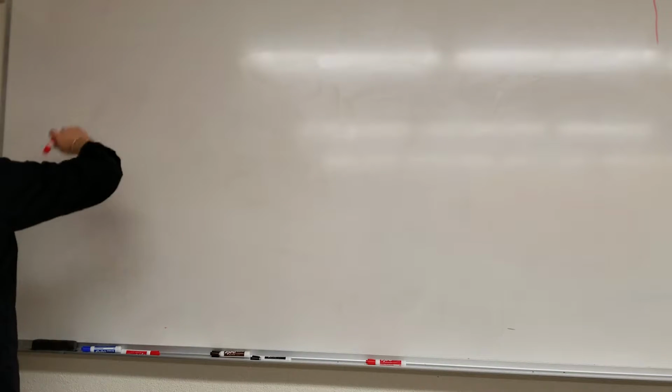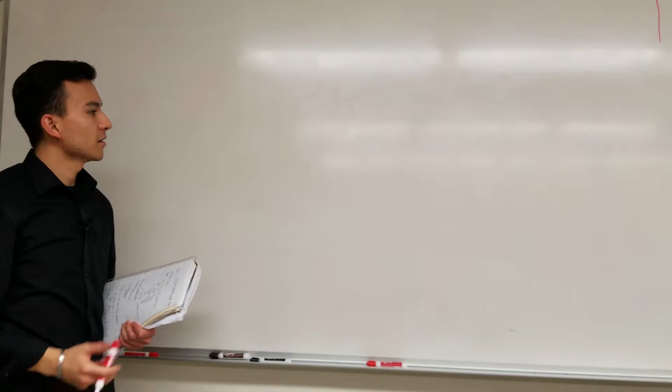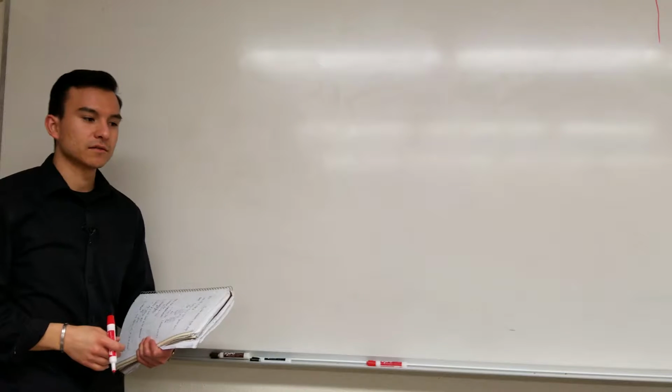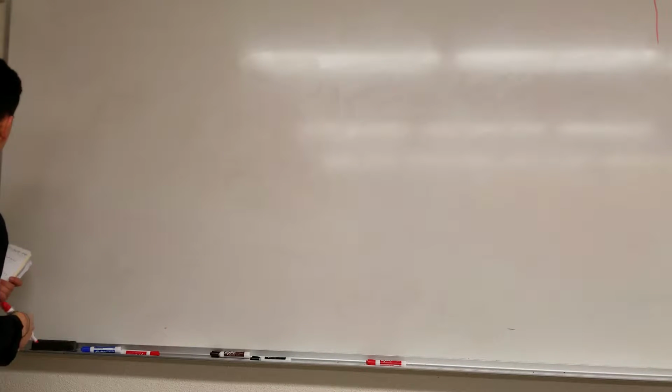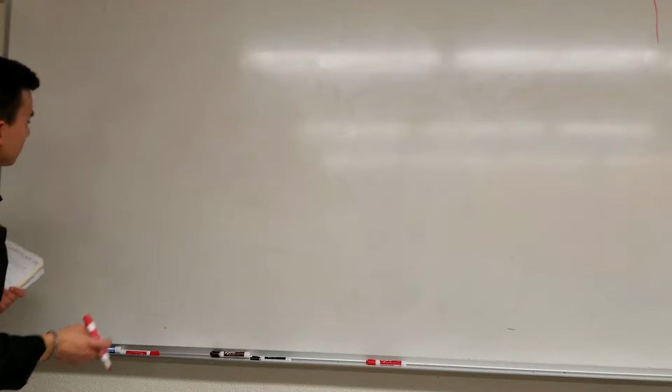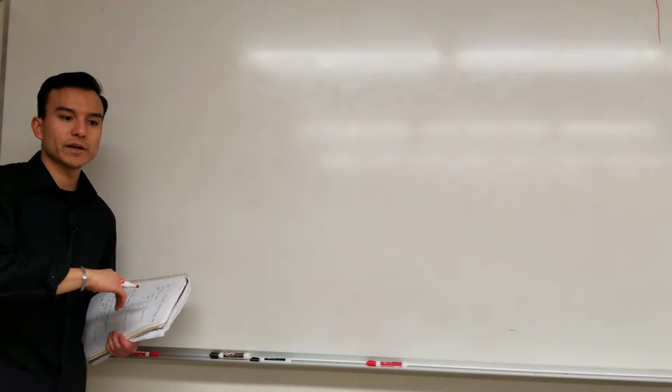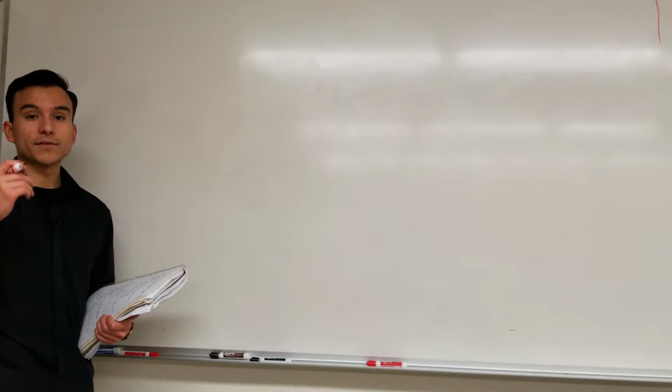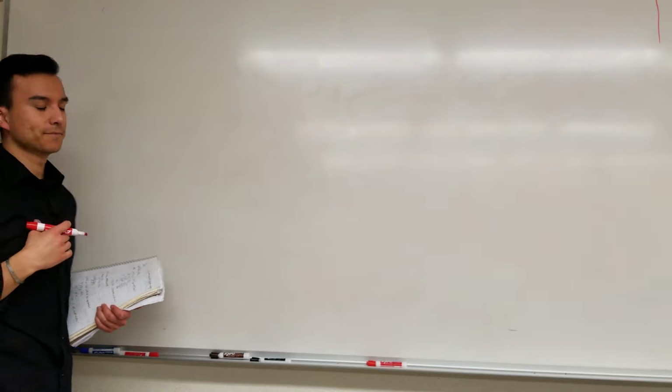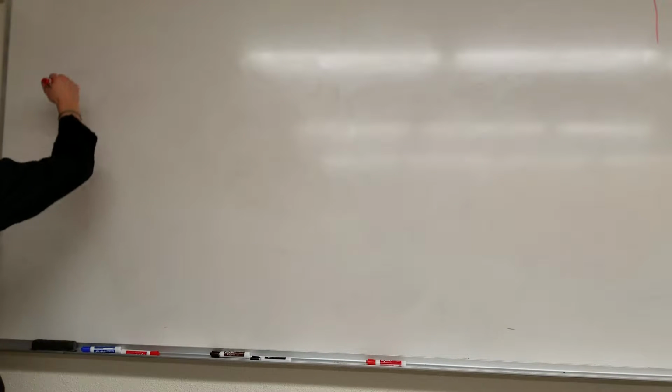Since us humans like step-by-steps, I'm going to make a step-by-step list on how to find the integrating factor. That integrating factor is going to come back up, however, we're going to have to find it. It won't be given to us, so that's a little different this time.